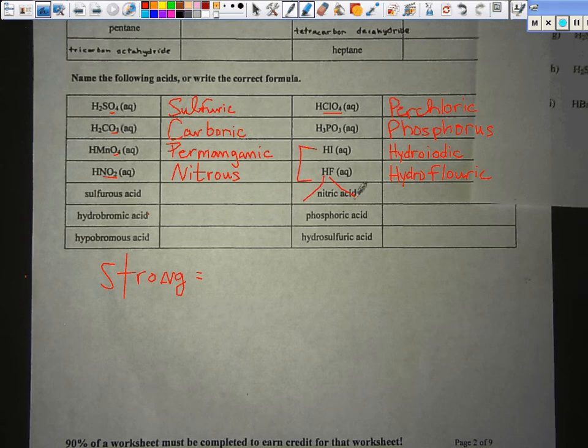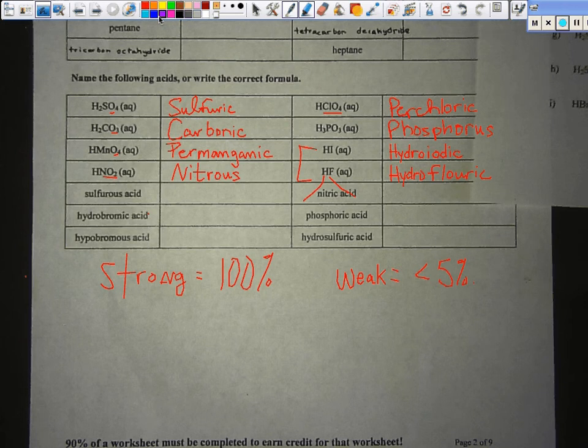So if I have 100 HFs, how many of them will break up? All 100. What makes it weak? Again, why? I don't know. I just know this is what it is. But weak is actually less than 5%. So if I have 100, less than 5 of them will separate. That's what makes it weak versus strong. And only 6 in the entire world are strong. Only 6.